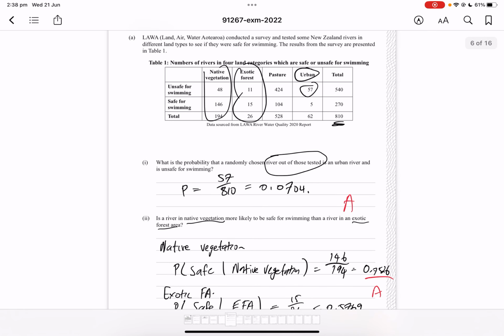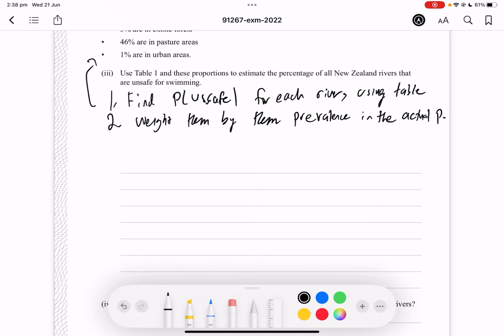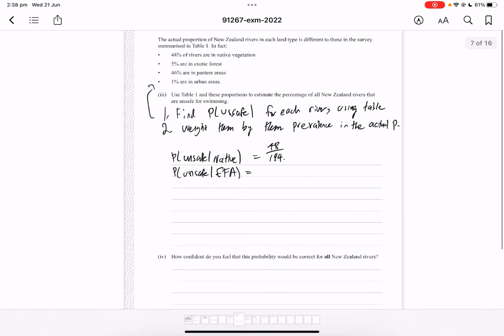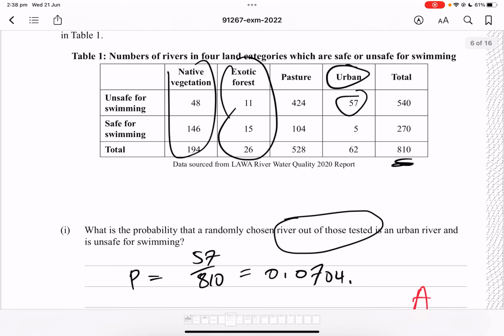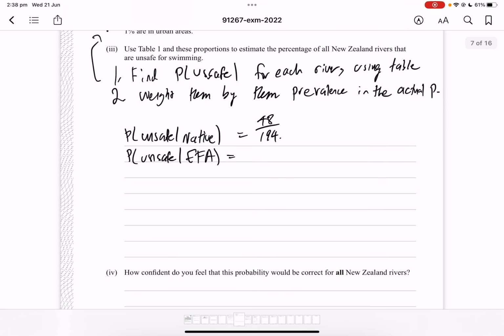So for native vegetation, we're looking at P(unsafe given native). That is equal to 48 over 194. P(unsafe given exotic forest area), if we go back to here, unsafe is 11 over the total, which is 26. So that's 11 over 26.